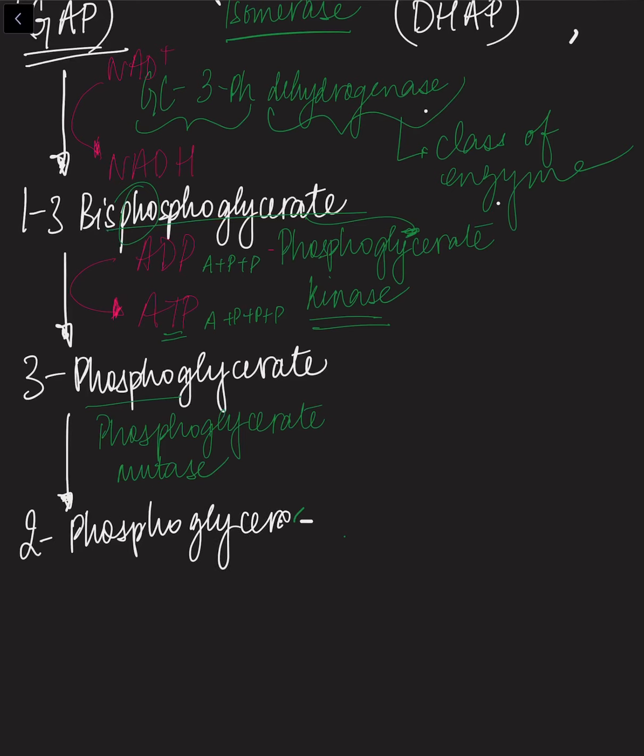Basically the position of the phosphate group is changed. In the first, the phosphate group was attached at the 3 carbon position of the glycerate, whereas in this one it is attached at the 2 carbon position.